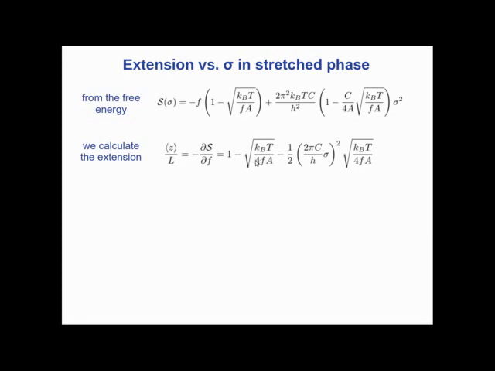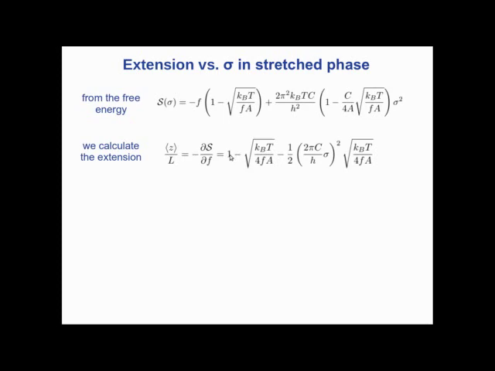It brings down this factor 1/2 that I can bring inside this factor, and I have kBT. So if I stop here and I take sigma equal to 0 and forget about the rest, this is the force-extension relation that we have seen already for the worm-like chain model.